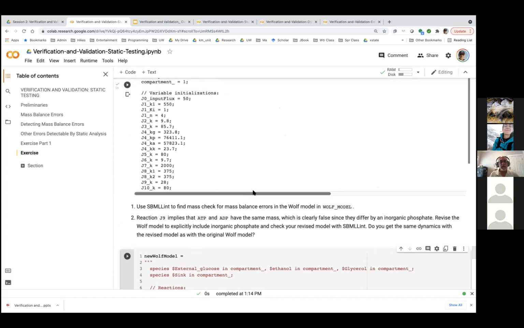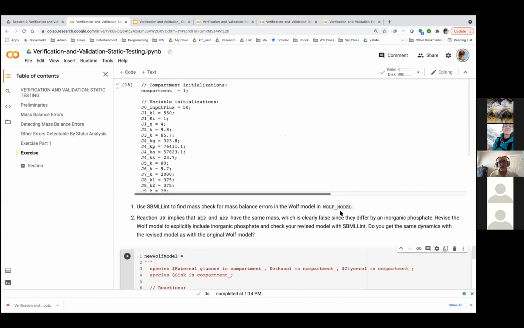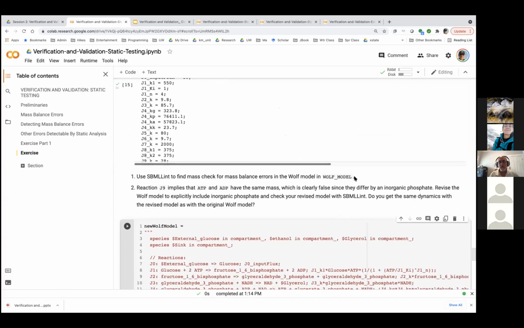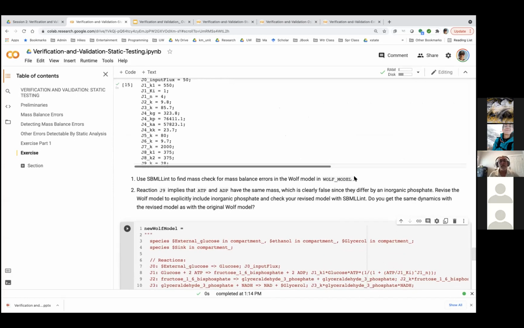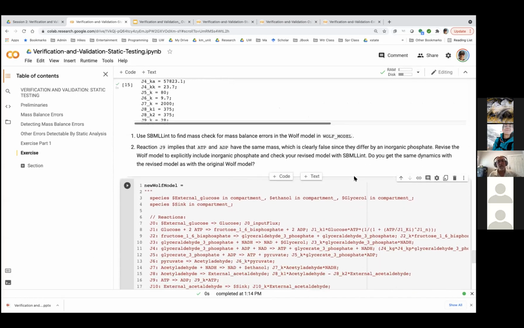So let's do this where you go ahead and do just the error checking on the new wolf model, and then we'll see if there are any questions about that, and then spend a few more minutes on the second part. And I'll give you, let's do 20 minutes. So it's going to be 35 past the hour, to work on this for a little bit.